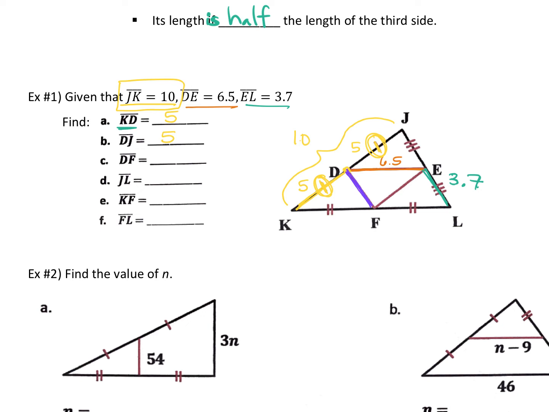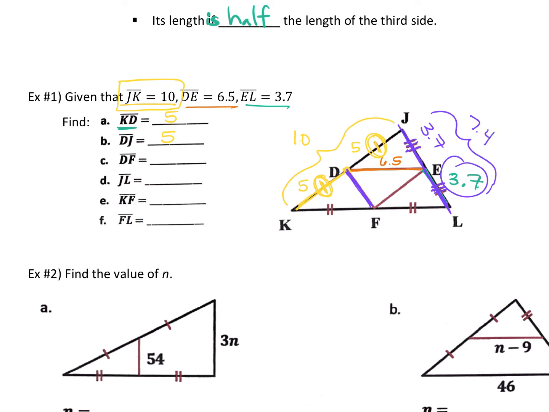Now look at this, okay? They told us that this segment, EL, was 3.7. These are marked congruent, so that means this is also 3.7. Now, you can think of this as that whole segment then is 7.4, right?